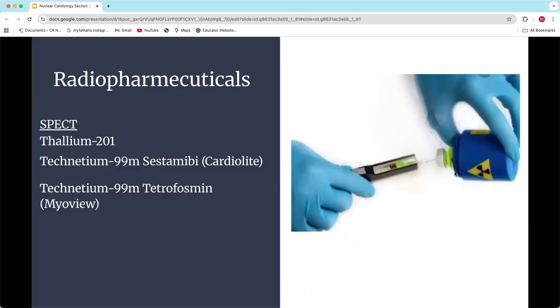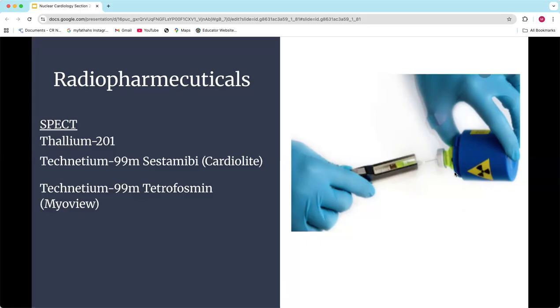Okay. So that kind of gives us a base of some anatomy and what we're looking at and what we're trying to produce. What I want to do now is I've separated this out into steps. I'm first going to talk about the radiopharmaceuticals that we use, and then we'll get into how we actually stress or exercise a patient.